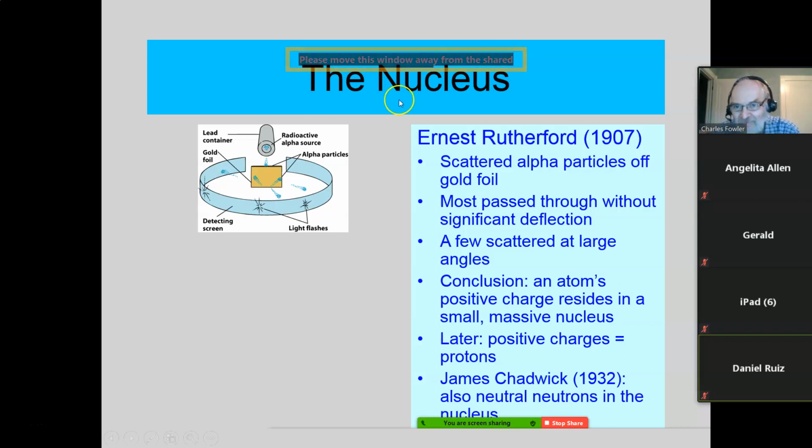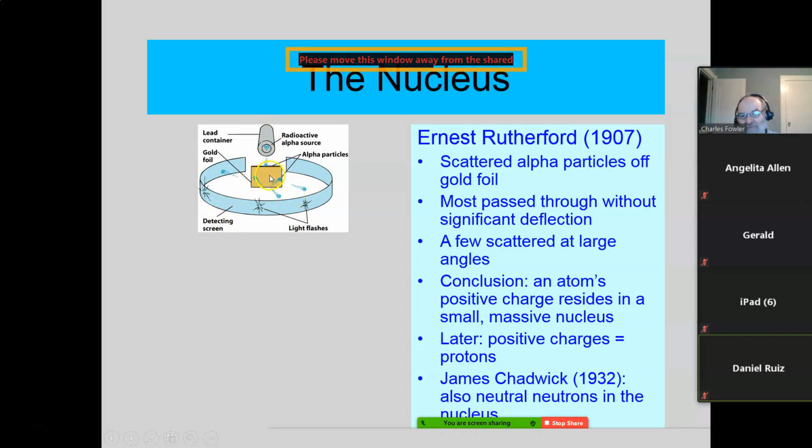Now here basically is his final setup. These were the radioactive alpha source, alpha particles coming out of here, hitting the gold foil here, very, very thin gold foil. Most of those alpha particles, which are totally positive charged, no negatives in them at all, were going right through and banging somewhere back here.